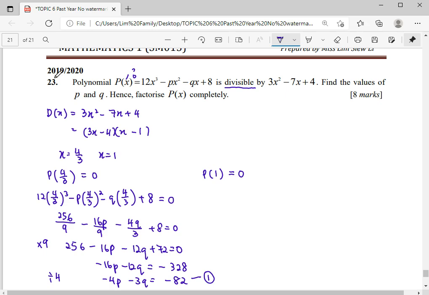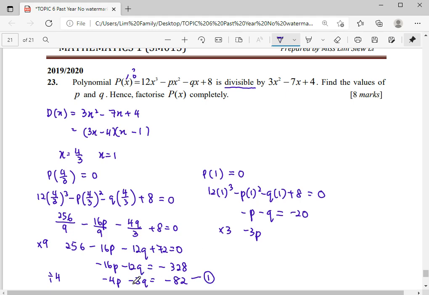So put it into our polynomial P1. Okay, so we get our second equation here.